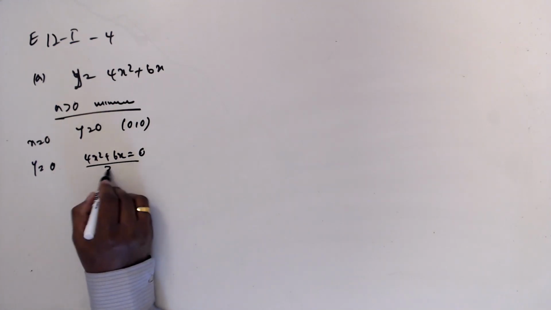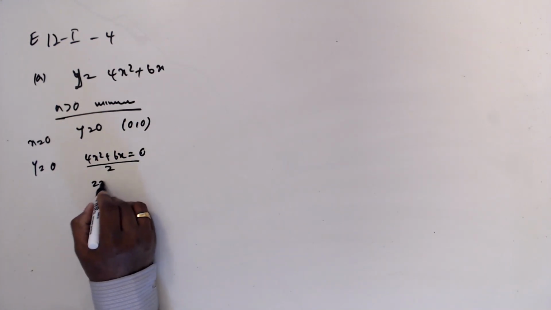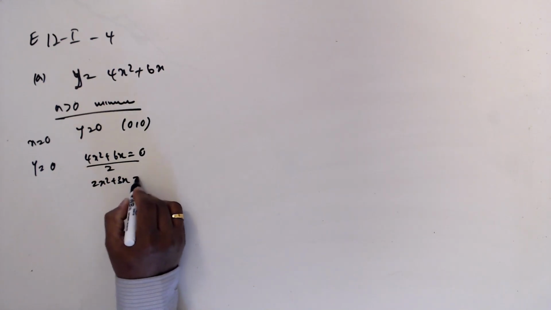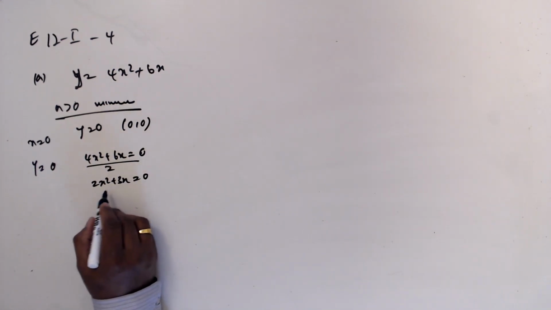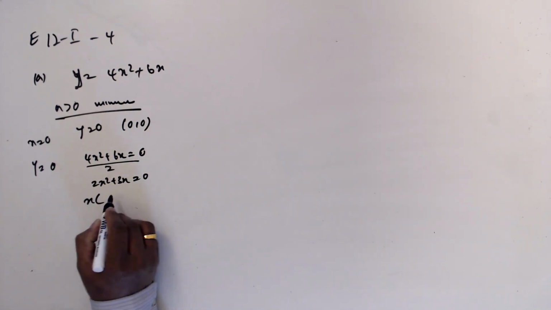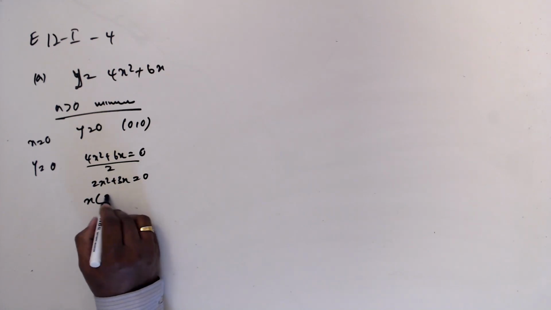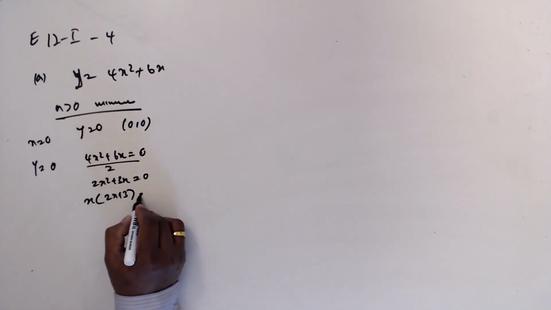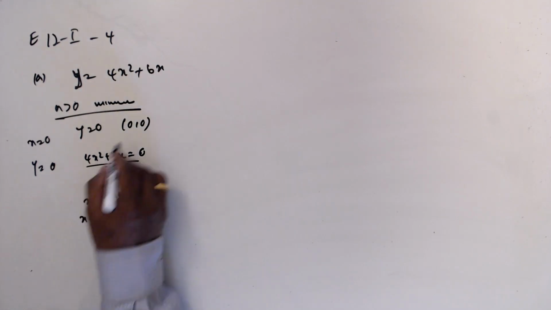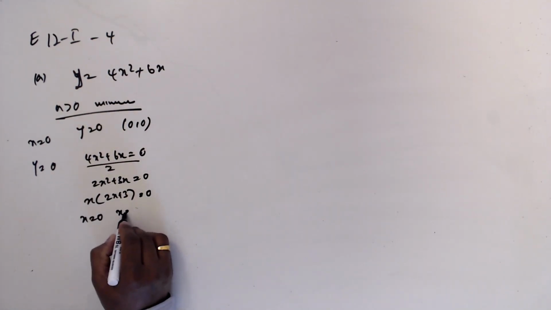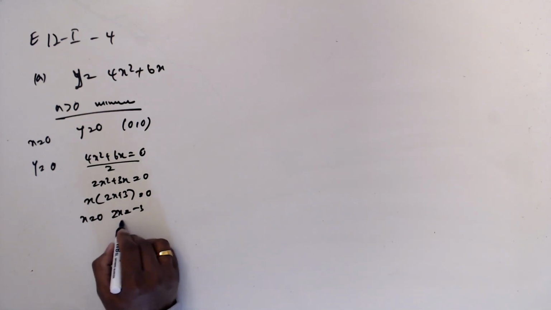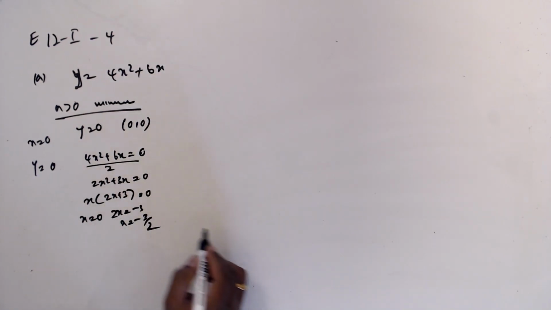Divide by 2: 2x squared plus 3x equals 0. x is common, so x(2x plus 3) equals 0. x equals 0, we got this point, and 2x equals minus 3, x equals minus 3 over 2.